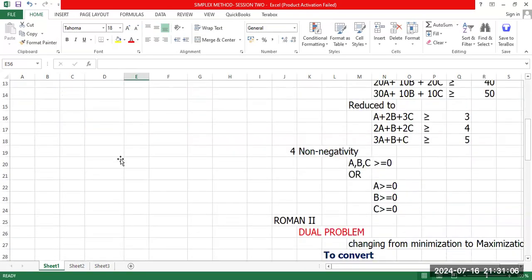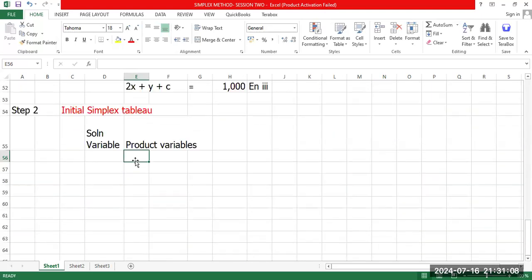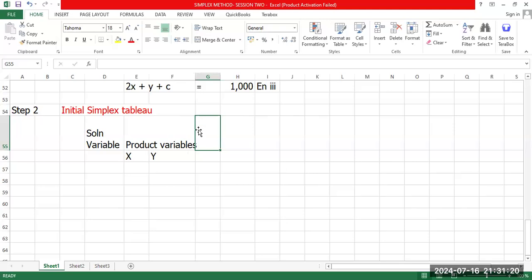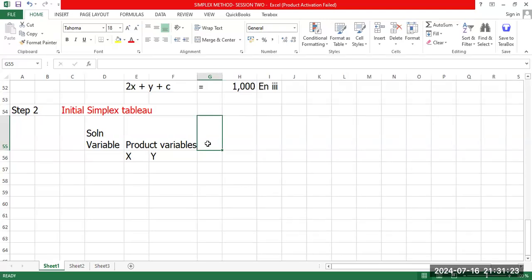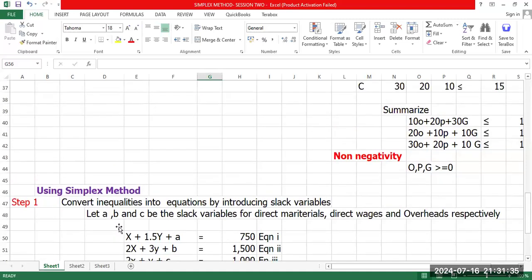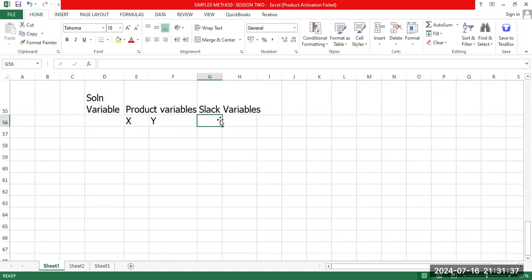We have X and Y. So you will have a column for X, you will have a column for Y. Then the next one is going to be the slack variables. How many slack variables do we have? 1, 2, 3. This is A, B, and C.